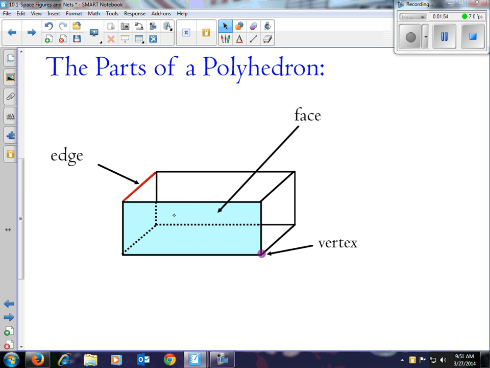So in this picture we have 1, 2, 3, 4, 5, 6 faces because the ends are also faces. And then we have what's called the edge, and the edge seems very self-explanatory. It's where the two different shapes come together and make an edge. And then we have the vertex, just like in a triangle and a square. Our vertex is where we have 3 or more pieces meet.